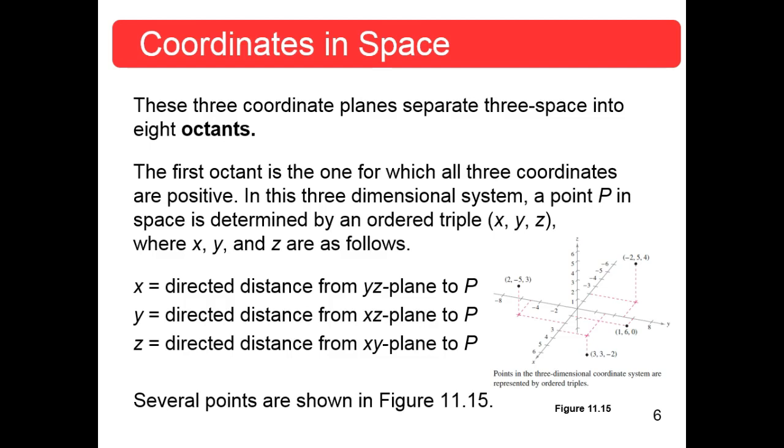Come down to this point, again positive 3 on x, positive 3 on y, but negative 2 on z, and that puts you down there, whatever octant that is. And over here, you're positive 1 on x, positive 6 on y, neither going up or down in z, so you're on the xy plane at that point there.